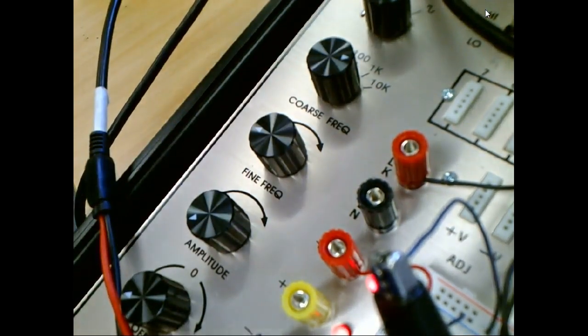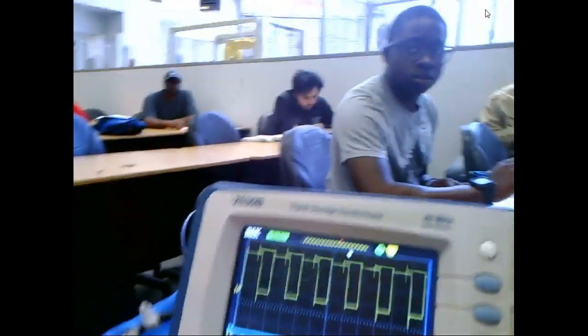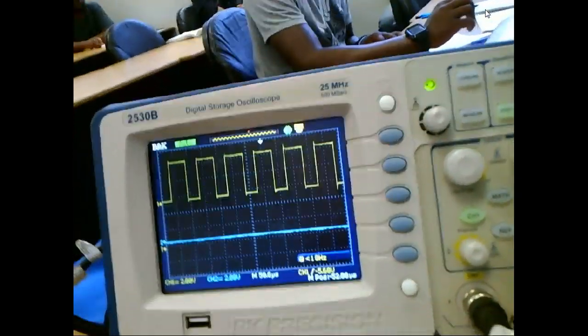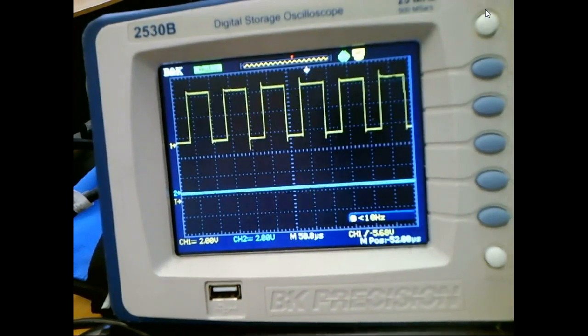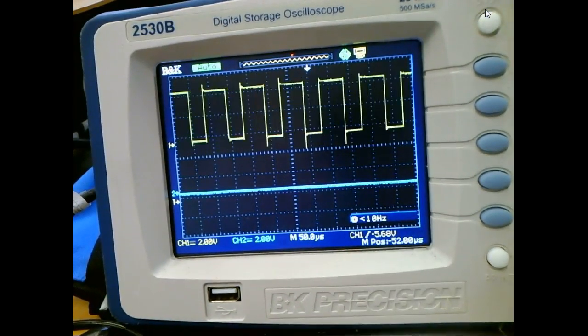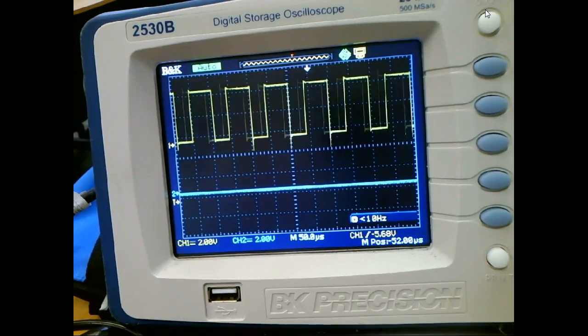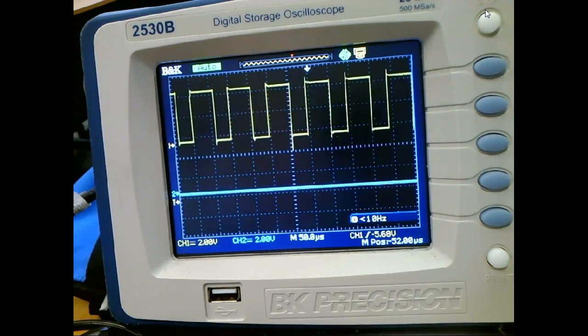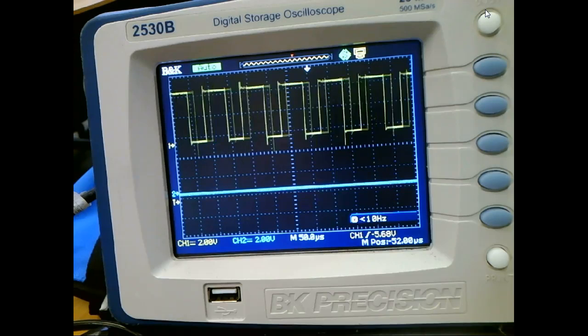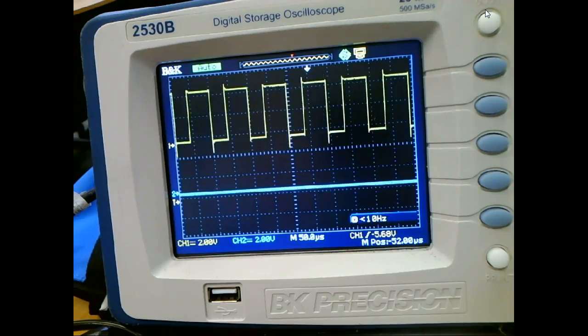Yeah, so we have to wrap that around on these counters, the 7490, the 7492, the 7493. We take the QA output and bring it back around to clock B.